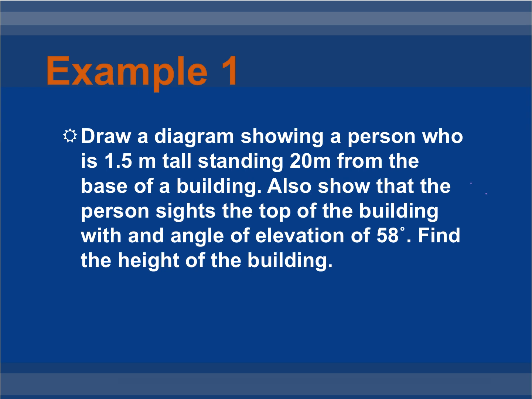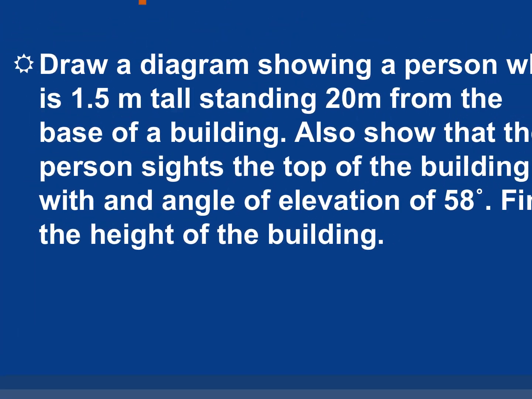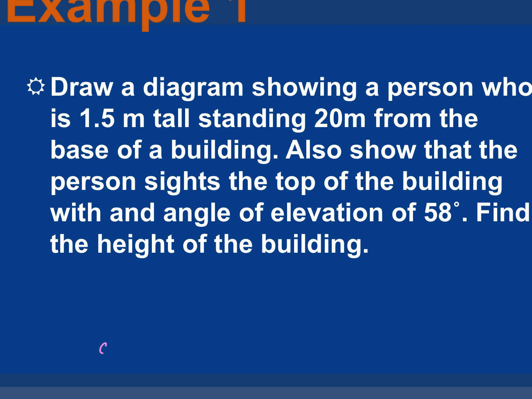All right, you guys should have attempted to draw this. I'm going to go over it, read it again, and go through it as I'm reading it. It says, draw a diagram showing a person who is 1.5 meters tall. So I'm going to first draw my person. Here is my person, and the height of my person is 1.5 meters.